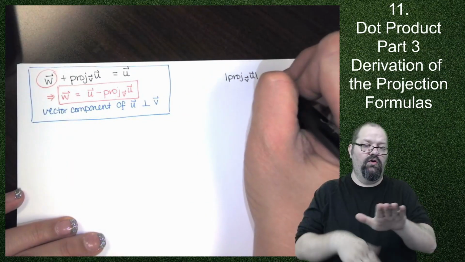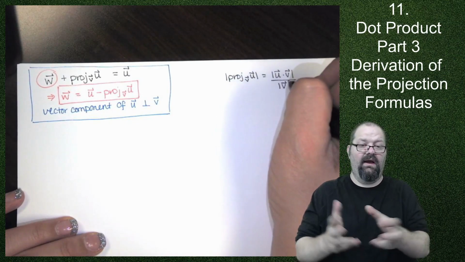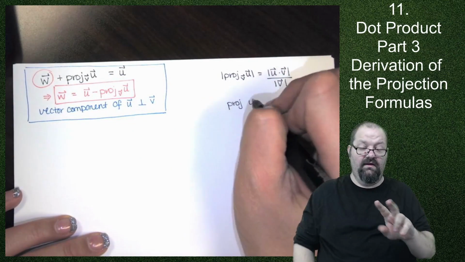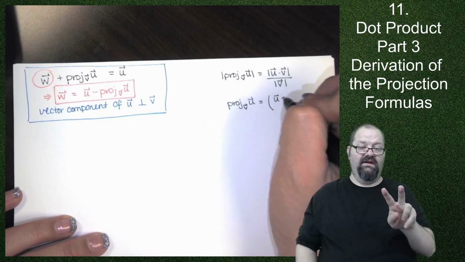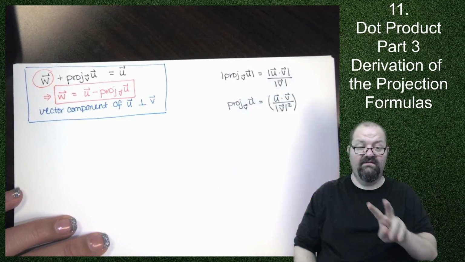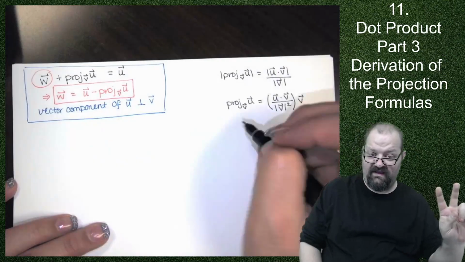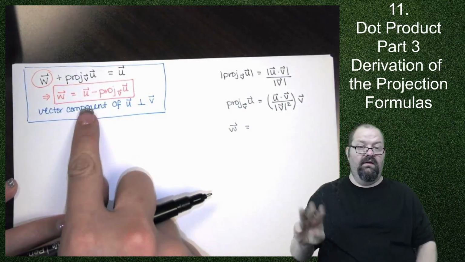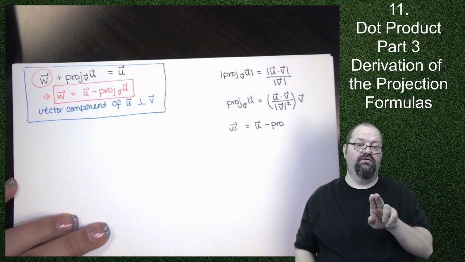The length of the projection of U onto V is the magnitude of the dot product divided by the length of V. The vector projection of U onto V is just the dot product divided by the length of V squared times the vector V, and that's just a number times V, and W satisfies this. So if I get W by itself, I have W equals U minus the projection.